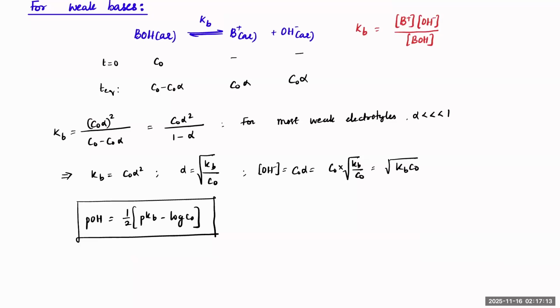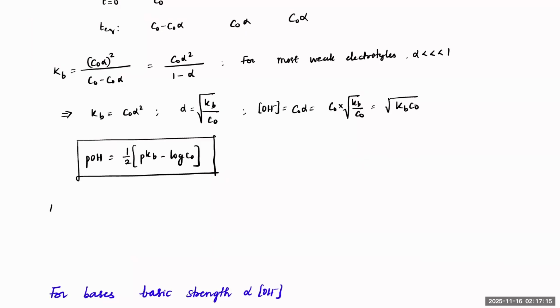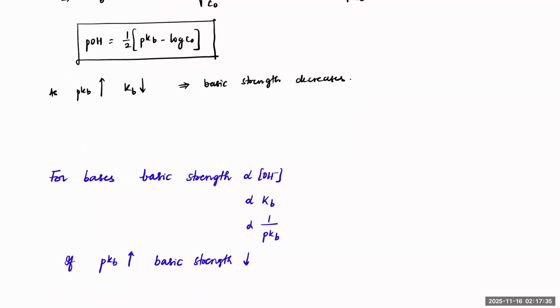Clear? And I can say that as pKb value increases, then Kb value decreases, implies basic strength decreases. Basic strength decreases. Clear? And you can notice that for bases, strength is directly proportional to OH minus or directly proportional to Kb and inversely proportional to pKb value.